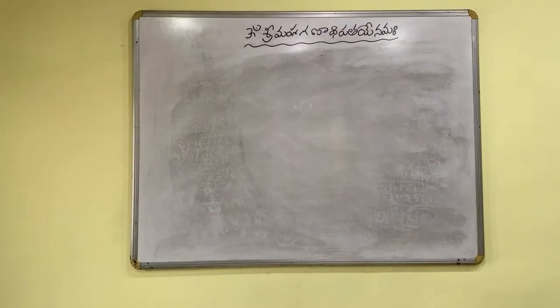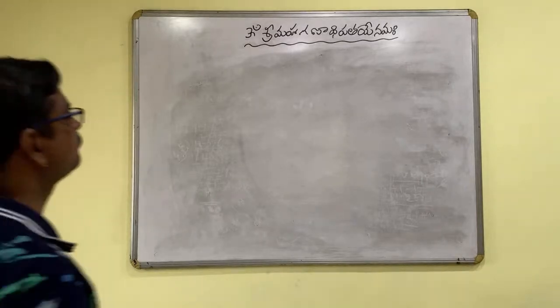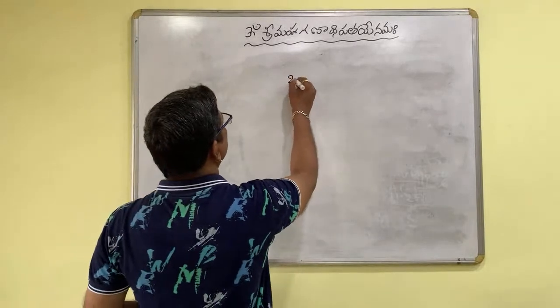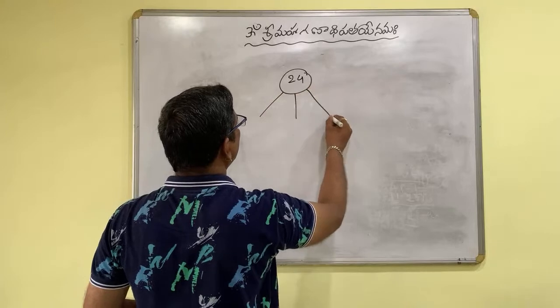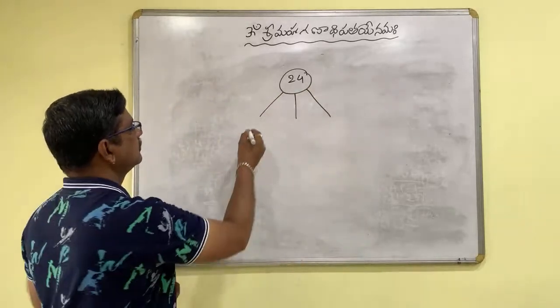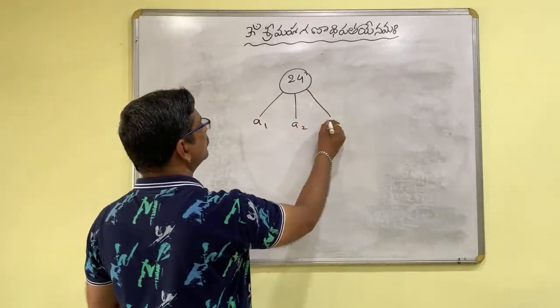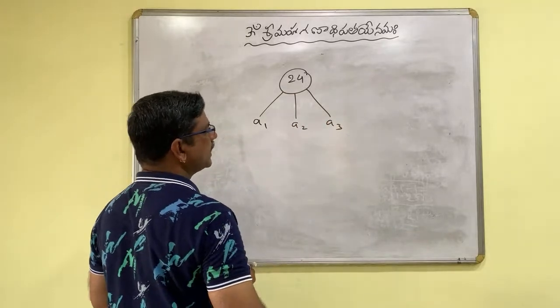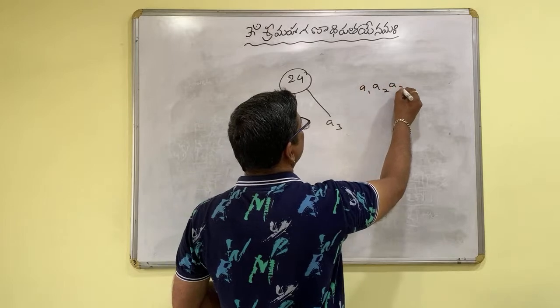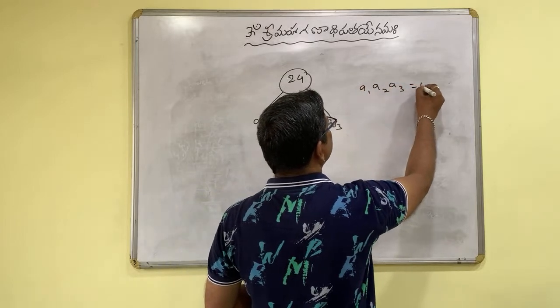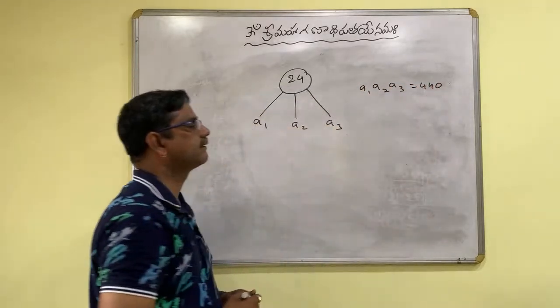Divide 24 into 3 parts such that they are in AP and their product is 440. You need to divide 24 into 3 parts, A1, A2, A3, and their product A1 into A2 into A3 is equal to 440.